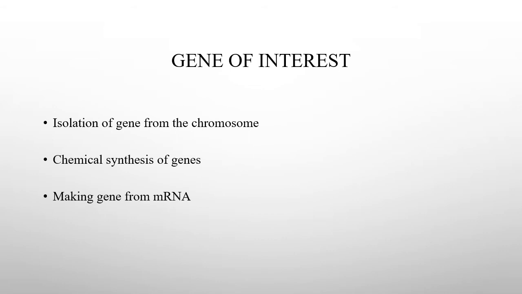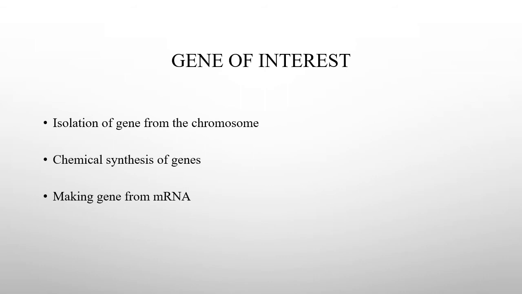Or we can make a chemical synthesis of genes. When we know the sequence of the gene or the nucleotides, we can make it in a laboratory, because we can make the molecules in a laboratory setting. The other way is making a gene from mRNA.